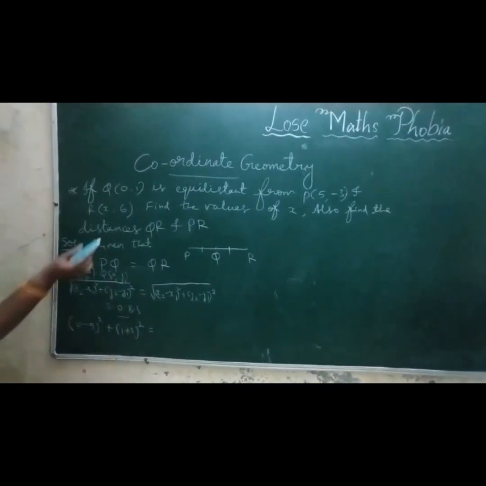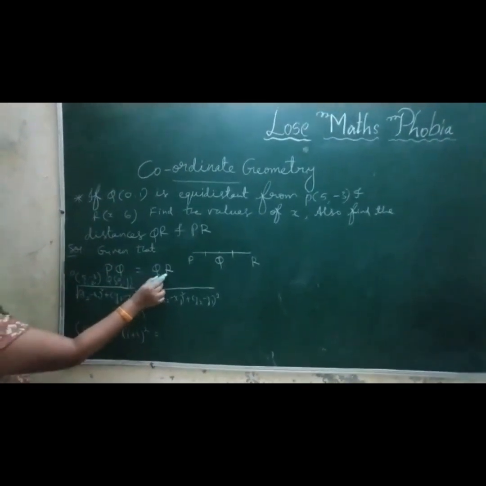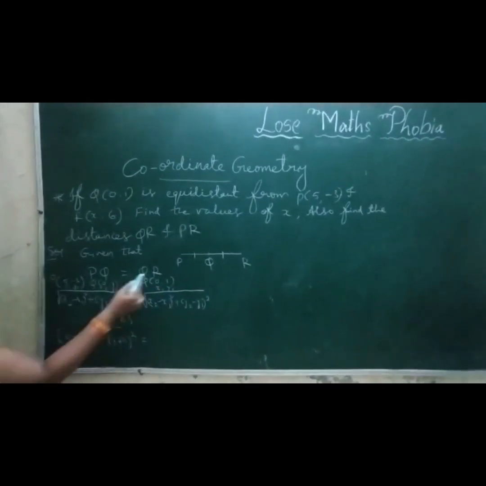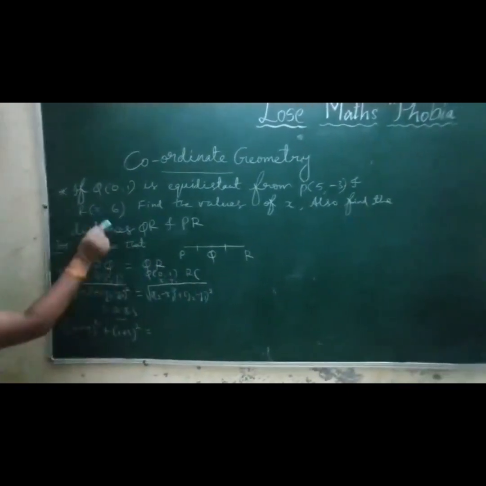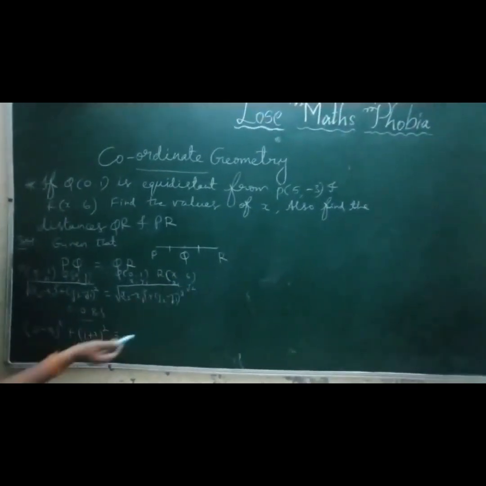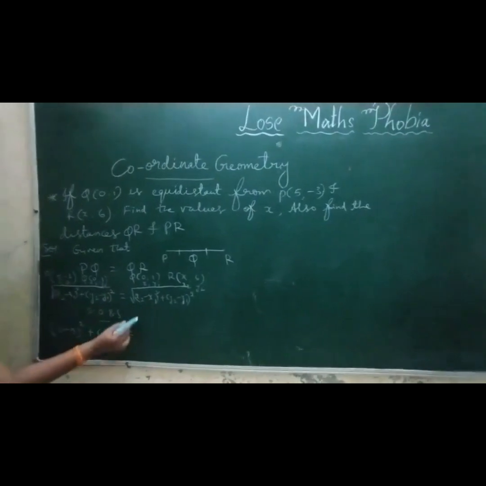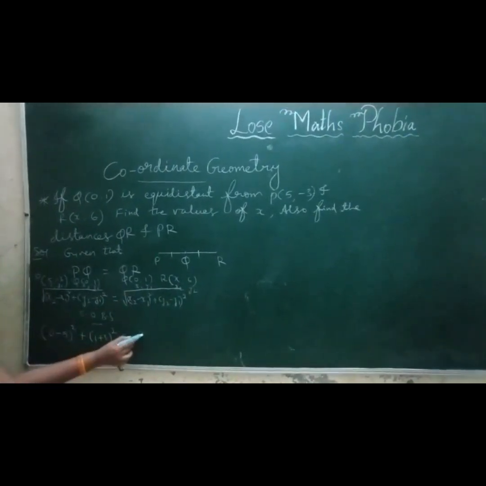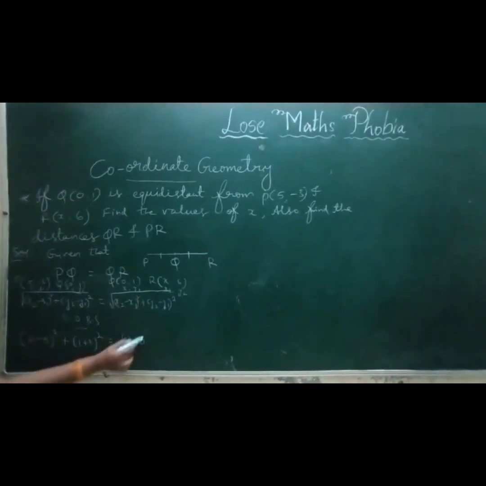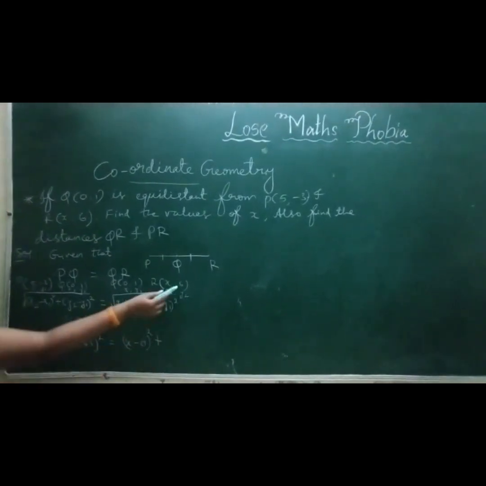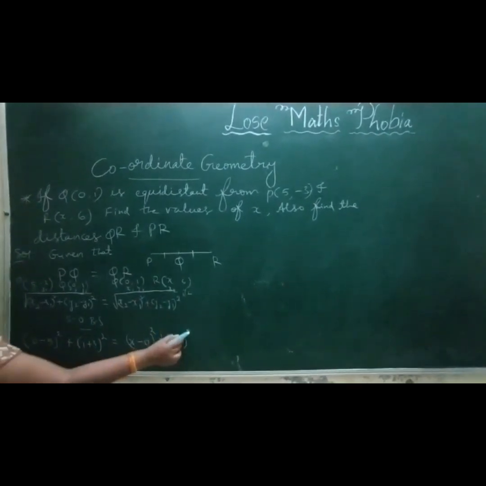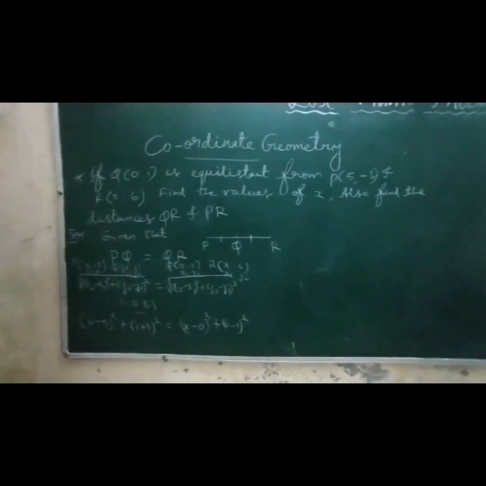Here what can we consider? Q(0, 1) is x1 y1, and R(x, 6) is x2 y2. So we can write it as x2 minus x1, so x minus 0, anyhow it is x, whole square, plus (6 minus 1) whole square.